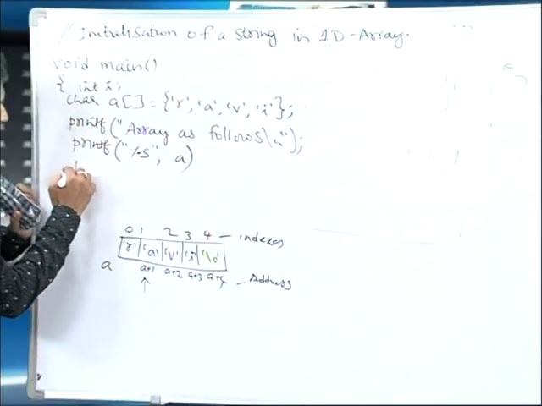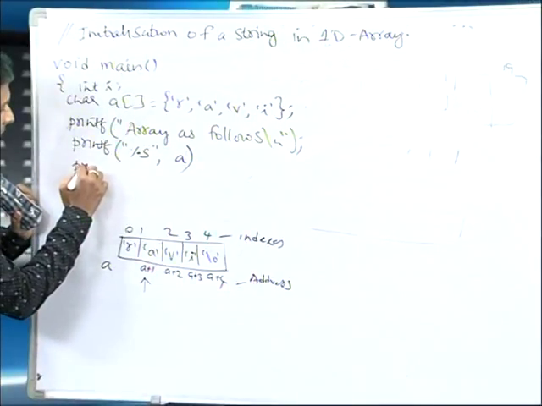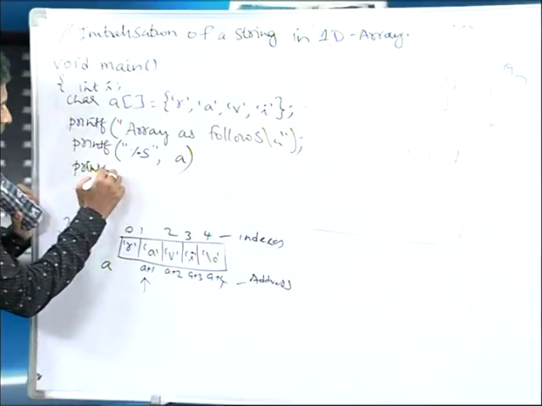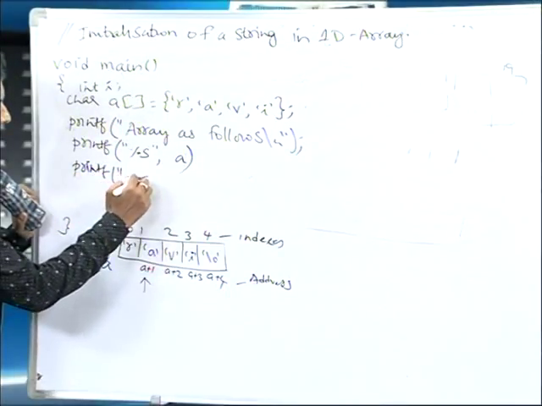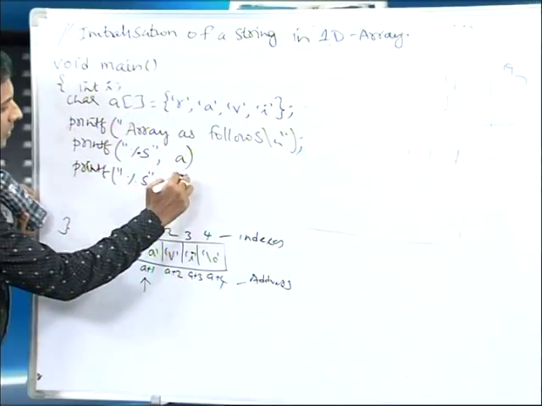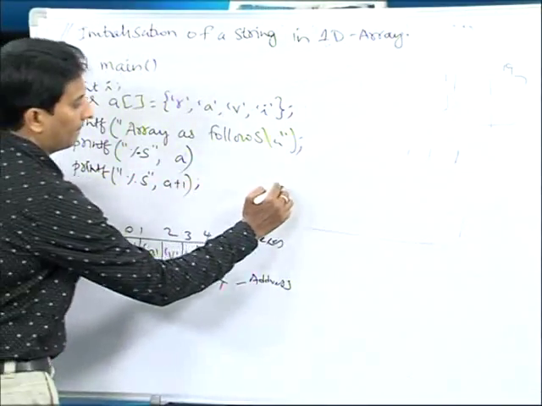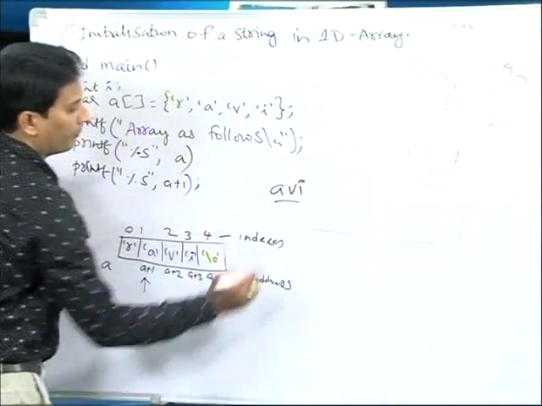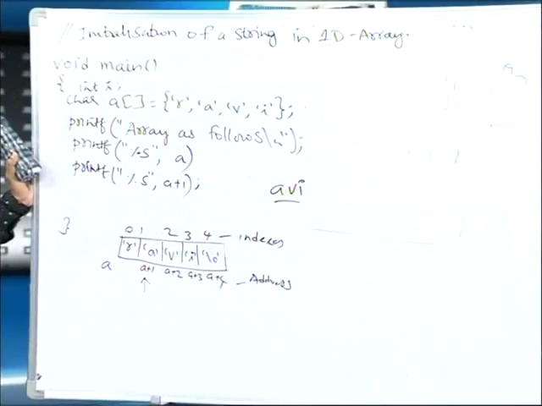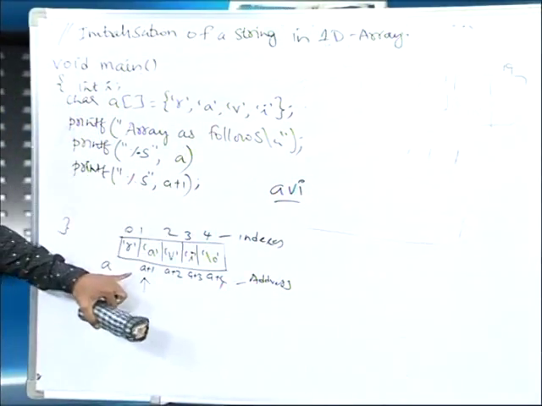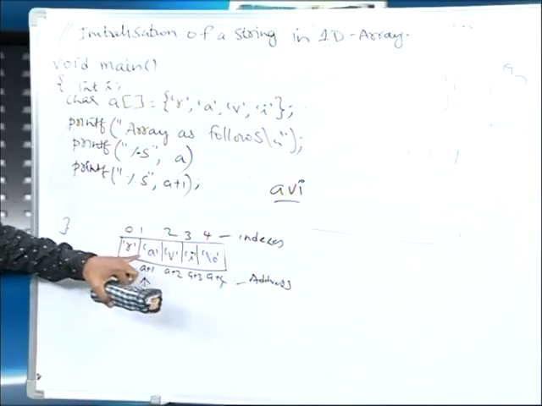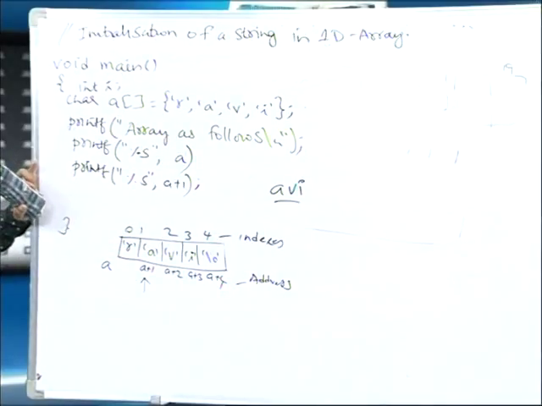Next statement, printf percentile s a plus 1. The meaning of this is that it is printed from the address a plus 1, so AVI is printed.